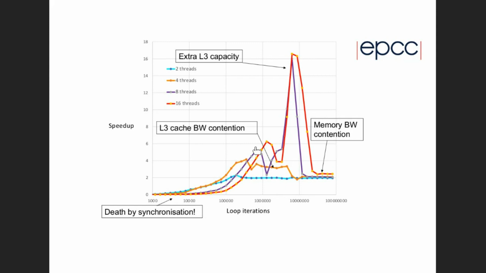At this point here, for example on the purple line, this is where I'm dropping out of L2 into L3, so I'm now contending for L3 bandwidth. But then as I carry on further, because I'm on 8 or 16 threads, I get the boost from having the extra L3 capacity.